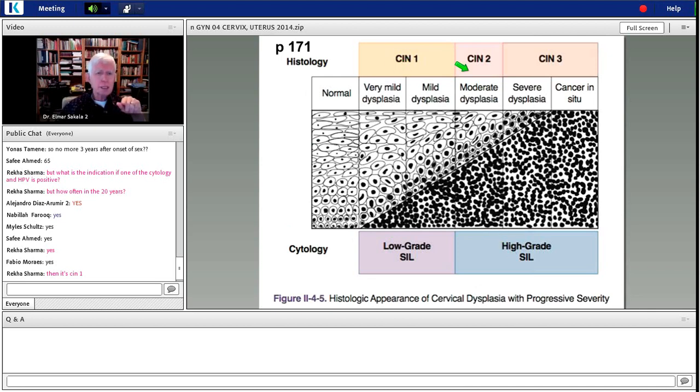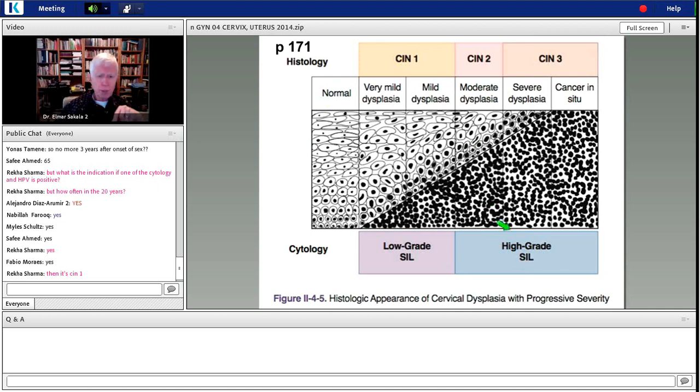The histology is CIN 1, CIN 2, or CIN 3. And when we do a biopsy, we need to compare whether the cytology and the histology agree.